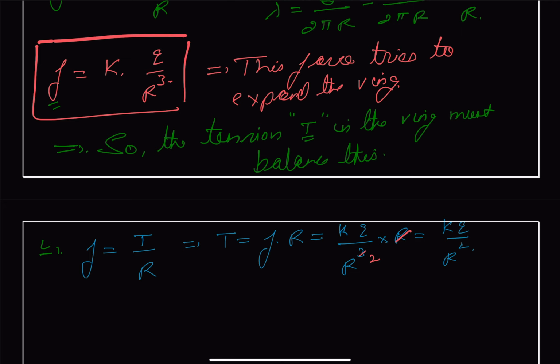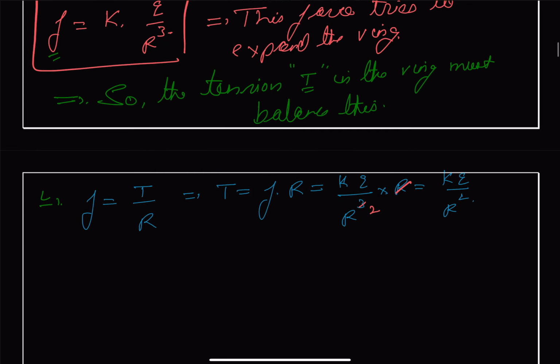And we already know the values, so we substitute them. We get tension T is equal to the value of K, 9 into 10 raised to power 9, times 30 picofarad, 10 raised to power minus 12, and radius is 0.3 meters, whole square.